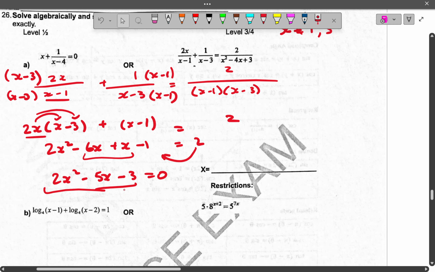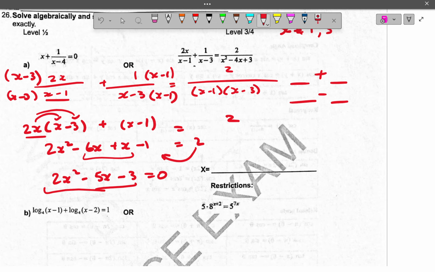Or you could otherwise factor it like we did before, finding two numbers that will add up to give you negative 5, and multiply together to give you 2 times negative 3, where this is a, this is your c value, and this is your b value. Those are the coefficients of the quadratic function that we have down here.